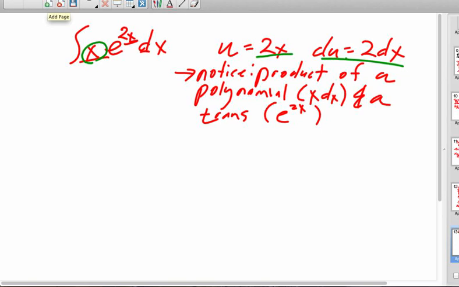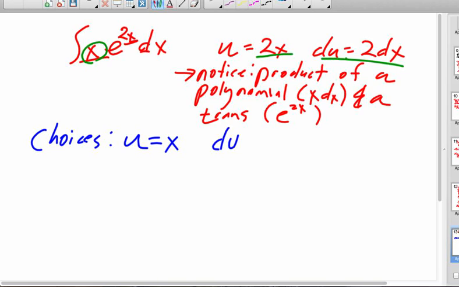So the first thing I want to do is start picking u and dv. So I'm going to write down my choices for u and dv. My first choice is going to be that u equals x. dv then will be equal to e to the 2x dx.